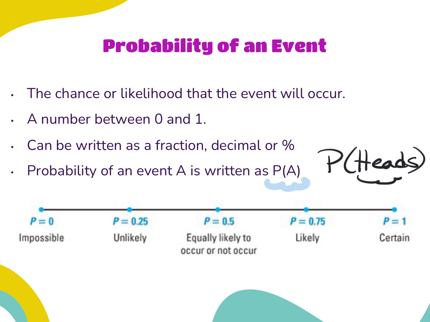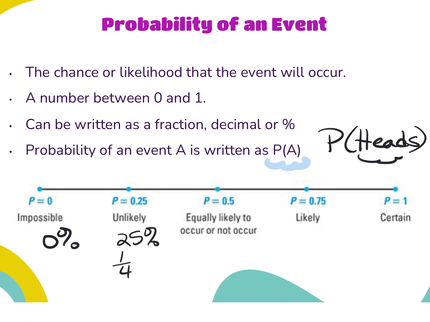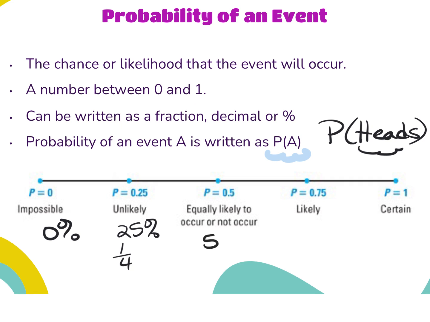They'll describe it somewhere. When an event is impossible, it's not going to happen, the probability is 0 or 0%. If it's sort of likely, that could be 0.25 or 25%, or as a fraction, 1/4. Equally likely, 50-50, is 0.5, 50%, or 1/2.